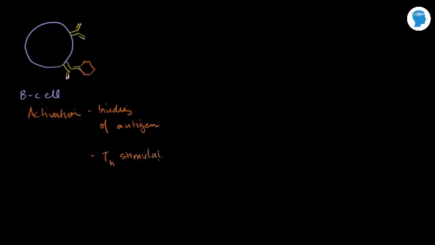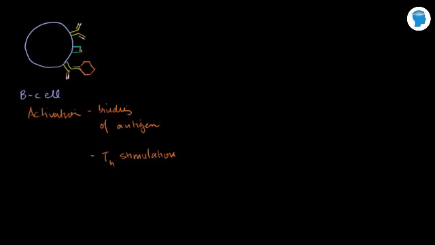And you might say, where does the helper T cell stimulate this guy? Well, B cells are also antigen-presenting cells, so it will suck this guy in, break him up, and present him on an MHC2 complex. Let me do it someplace where I can draw a T cell coming in. Let's say this is an MHC2 complex. This guy gets cut up, and part of him gets presented right here.